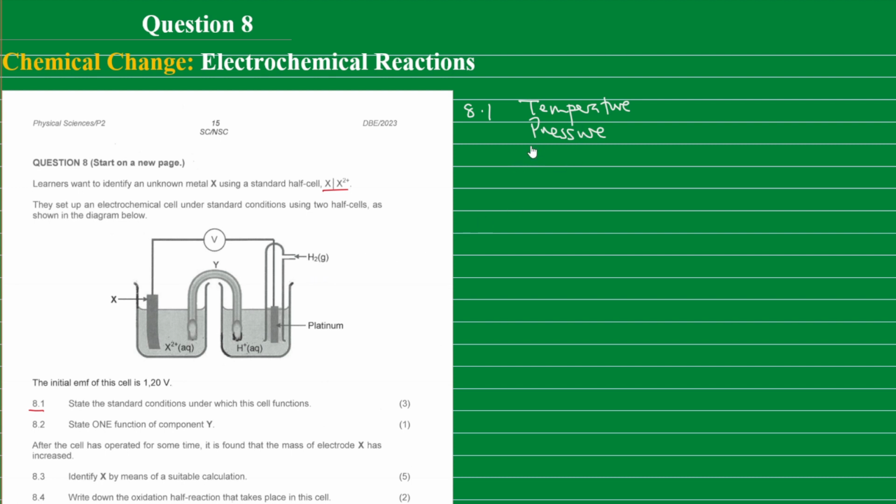And then the other one is the concentration. Concentration relates to the concentration of the electrolytes over here. So we have the electrolyte with the hydrogen ions and another electrolyte with X2 plus ions.